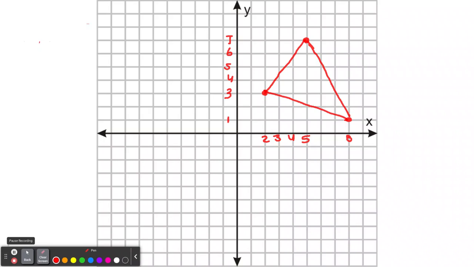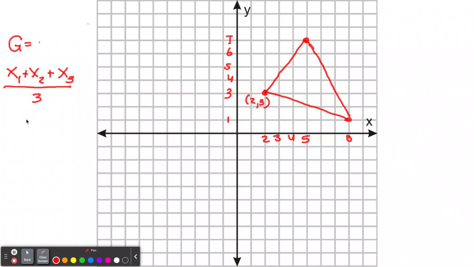Anyway, so we have our points, and the formula is a simple formula. To find G, we're just going to say x subscript 1 plus x subscript 2 plus x subscript 3, divided by 3. So what is x subscript 1? Well, it's just all the x's that you see here. We have a 2 for an x over here, this is 2, 3.